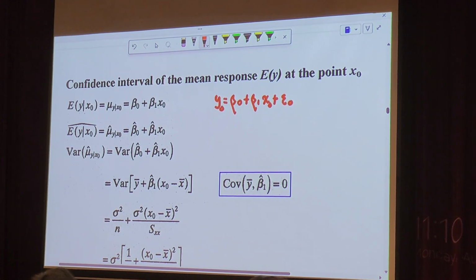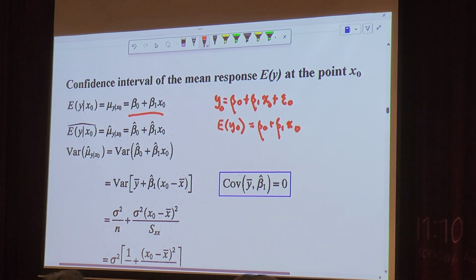As I have said, epsilon naught is a random variable, so y naught is also a random variable. If you take expectation, you will get this, which is this.